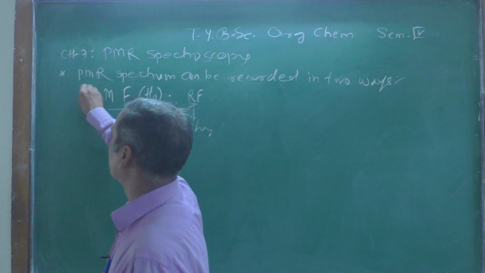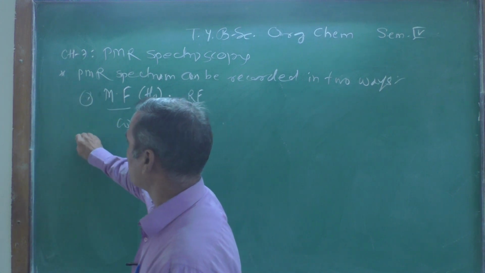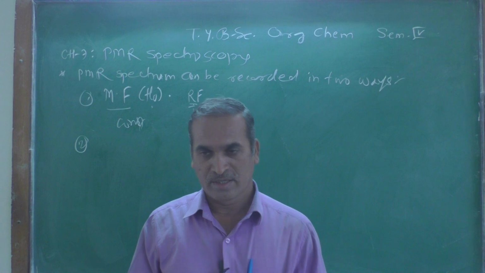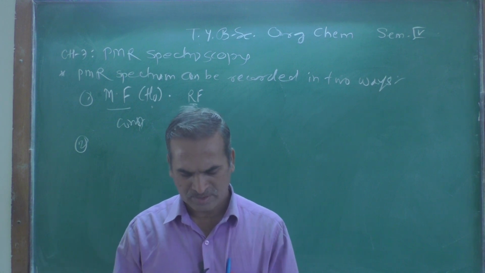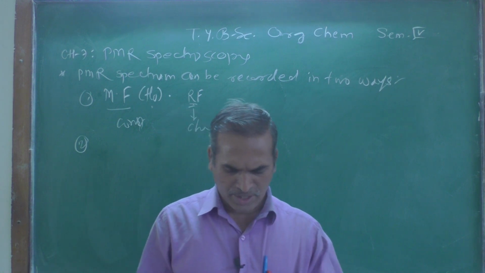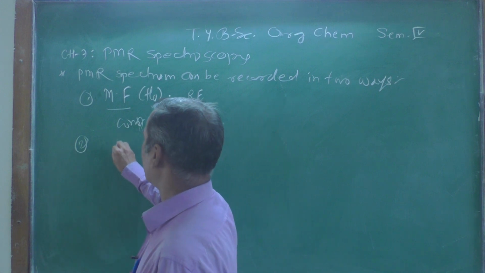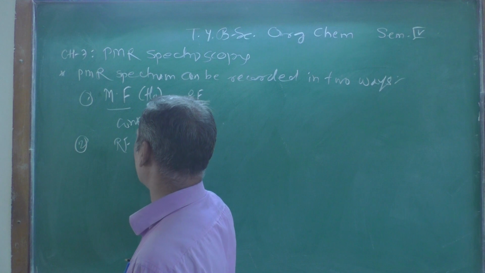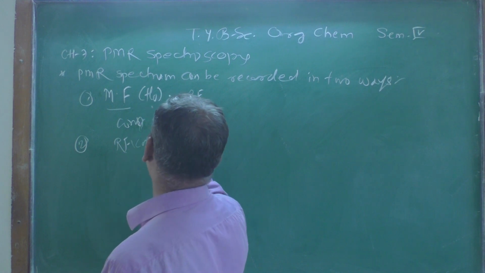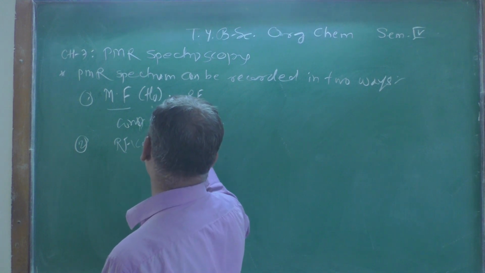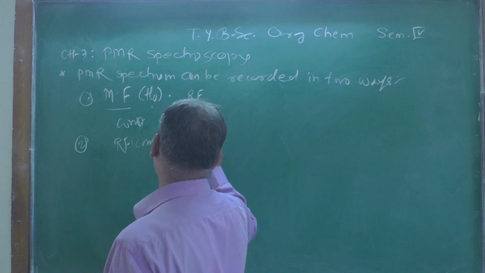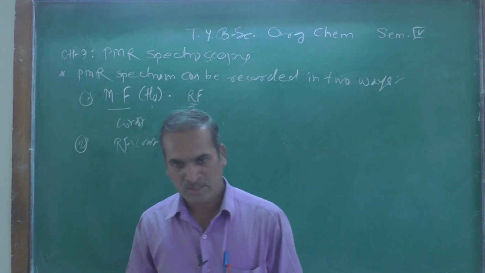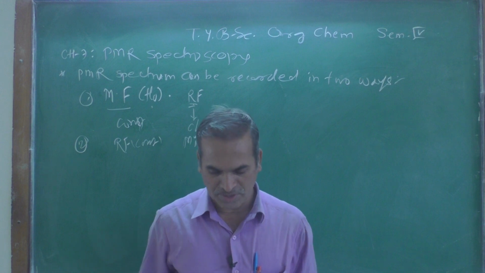This is the first thing. Now the second thing: the radio frequency is kept constant, and the magnetic field, which is represented by H0, is changing.